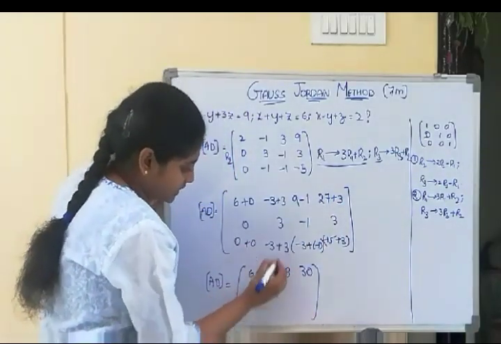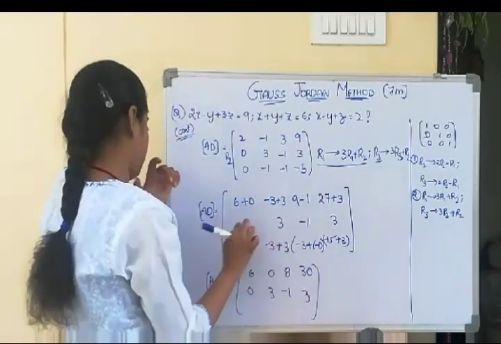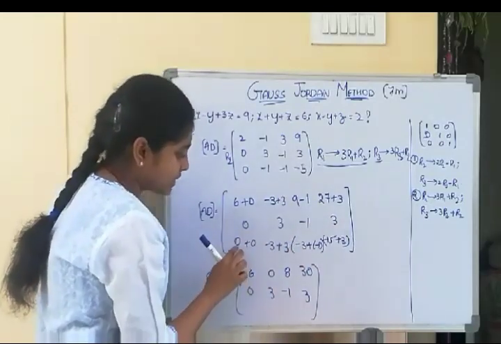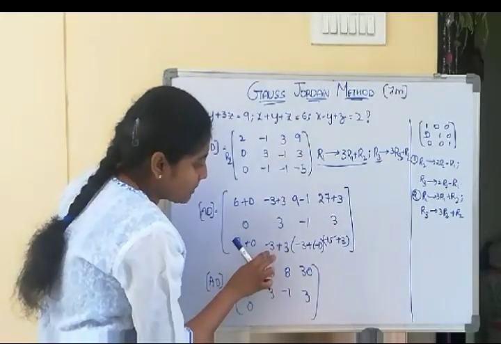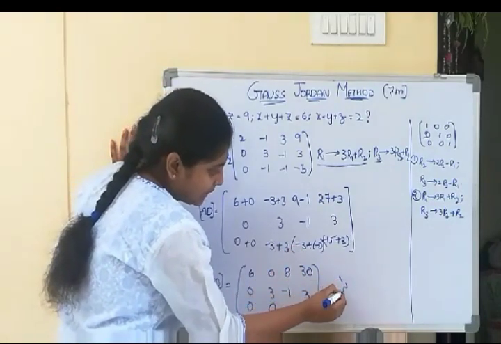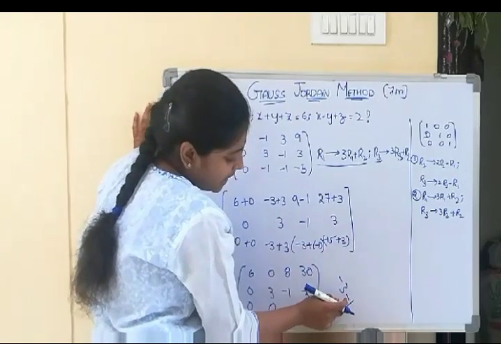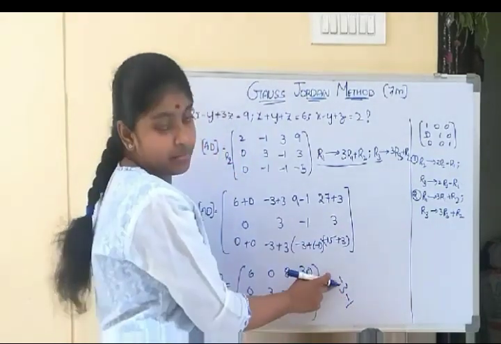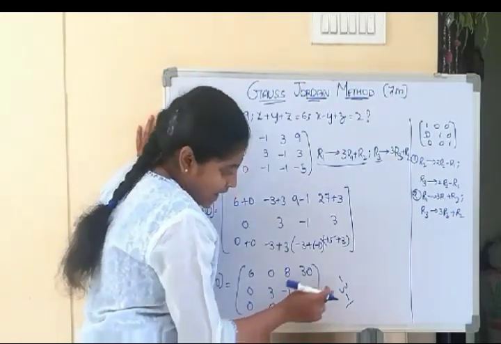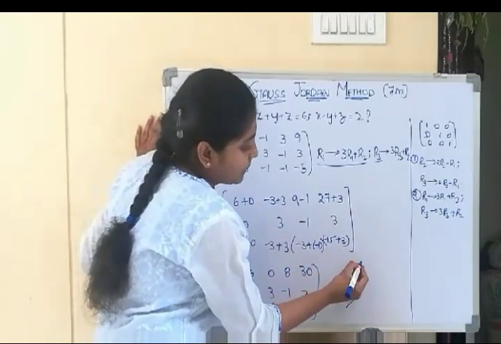Okay, 0, 3, minus 1, 3, because we have not changed the second row. Now, 0 plus 0 is 0, minus 3 plus 3 is 0, minus 3 plus minus 1: the signs are the same, so we need to add them. 3 plus 1 is 4, and we have the minus sign, so I will write it as minus 4.